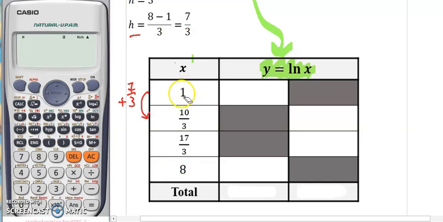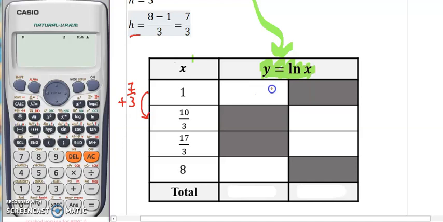In order to make sure that you can get back the upper bound value in the calculation for x in the table, I suggest that you don't convert this h value into decimal. We use fractions here for the exact value. Then when we come to the calculations for y, we're going to make use of the calculator. Before we go on, I want you to observe something here.